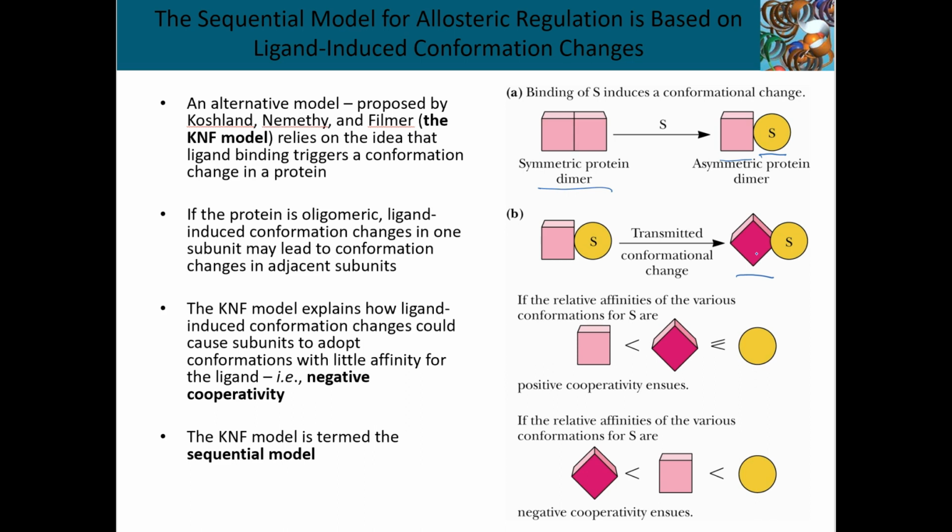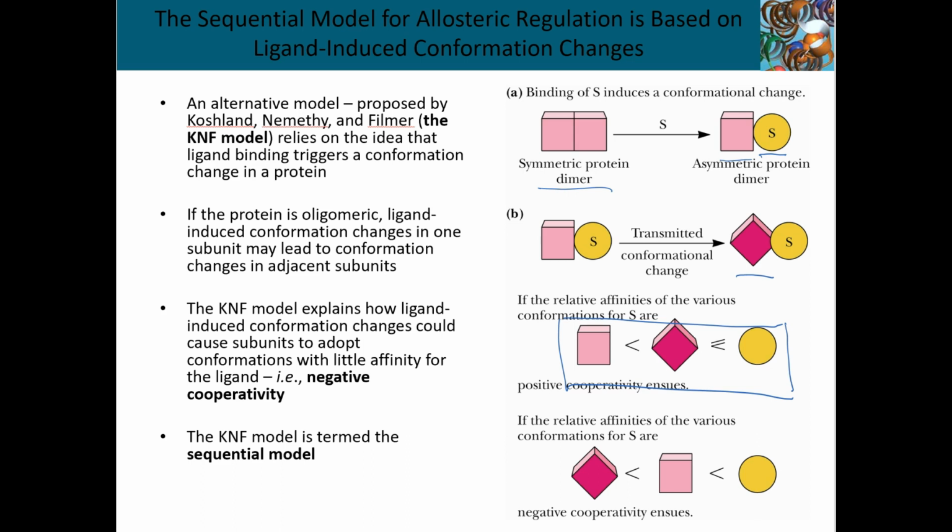Now, in terms of cooperativity, if the relative affinities for the various conformations for S are ordered like what we see here, then we have a positive cooperativity, where we have an equal or greater than relationship between the modified and substrate-bound variations that are both higher than the non-bound monomer.